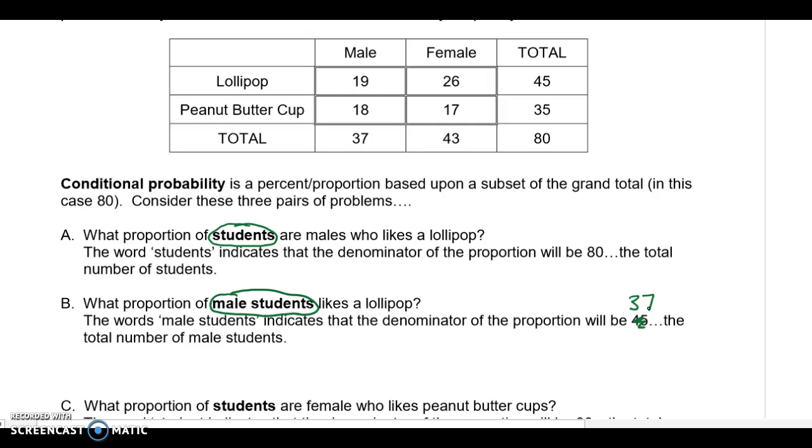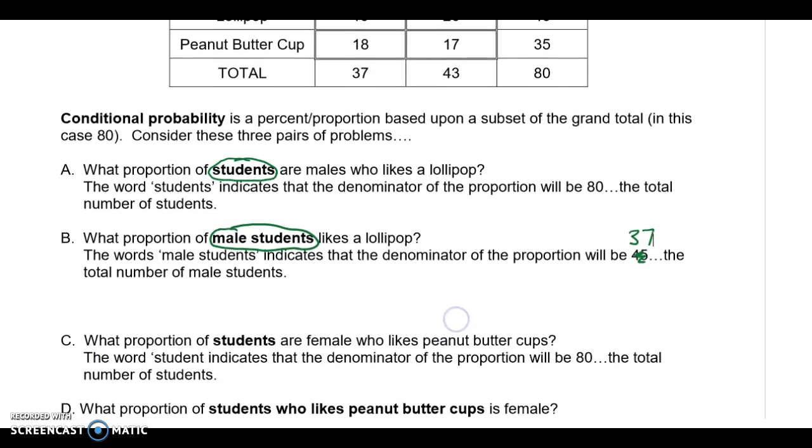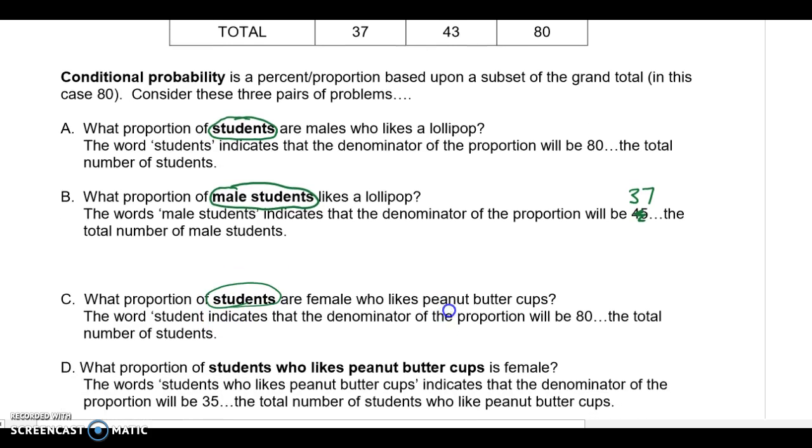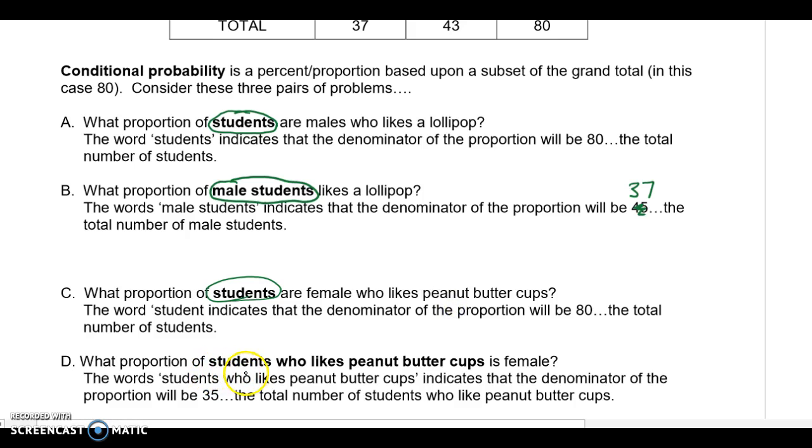Again, if we have proportion, probability, percent of, the part that's right after that is going to tell us what size population we're looking for. Part C, what proportion of students? Again, 80, proportion of students. And D is where it gets a little bit tricky because the initial thought is, well, just students, so it's got to be 80, but it's students who like peanut butter cups.